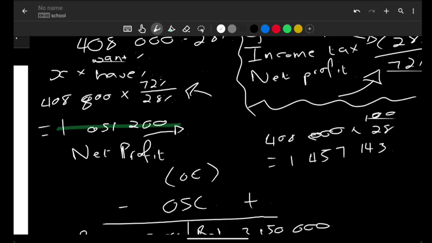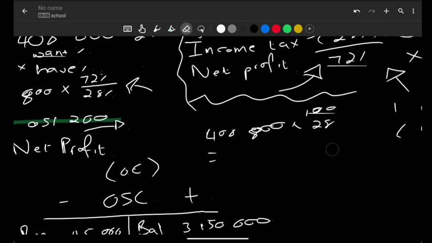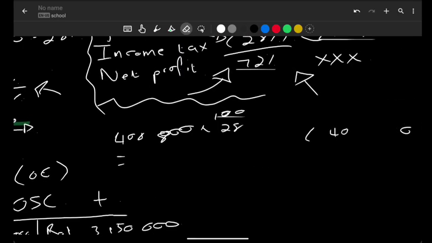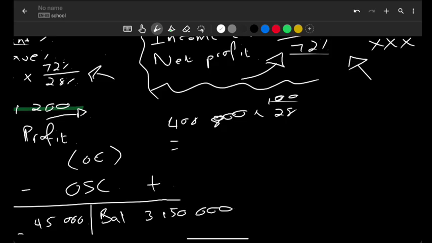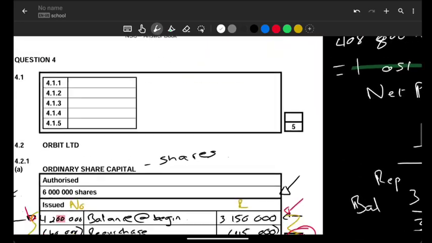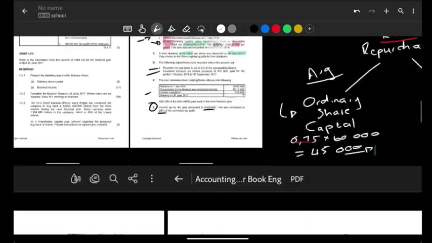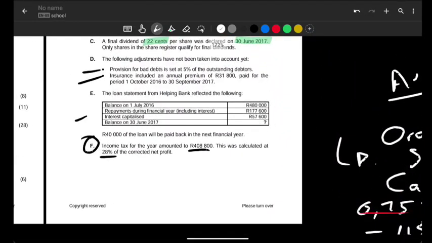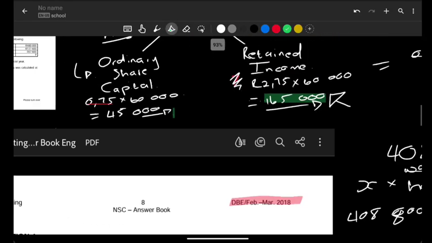Sorry, 408,800. Right? And then this answer is different then. Yeah, because I was having doubts there because that didn't look right. 1,460,000. So here, just to double check and show you, they've given us 408,800, not just 408,123.